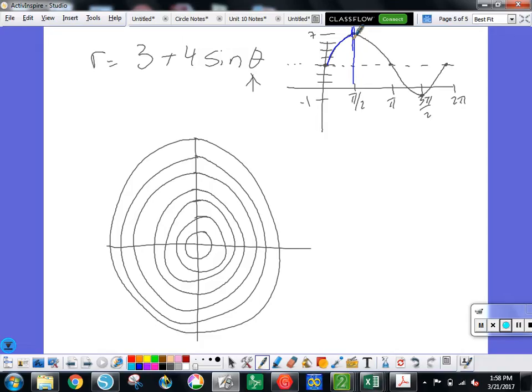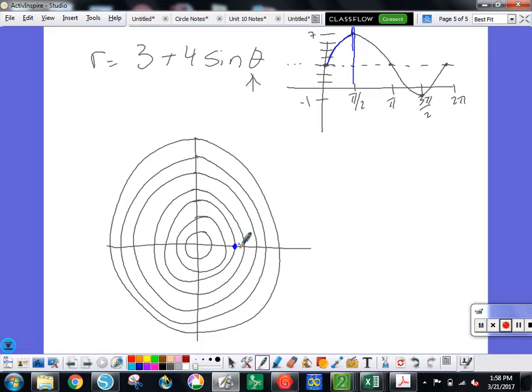So where do we start at? At 0 radians, what is my radius? 3. 0 radians is 3 radius. So that's 1, 2, 3. I'm starting here, am I not? Is everybody there with me? Okay, notice at pi halves, where am I going to be? 7.